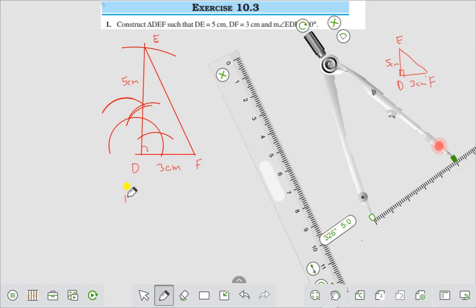It is given that DE is equal to 5 centimeters, DF is equal to 3 centimeters, and the measure of angle EDF is equal to 90 degrees. This is the required triangle.